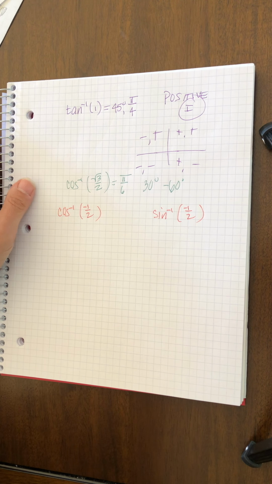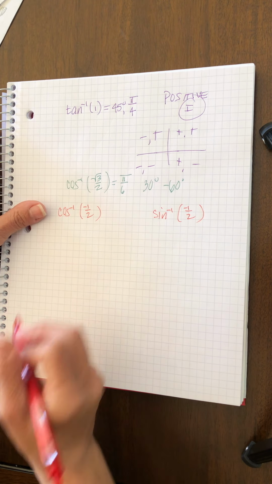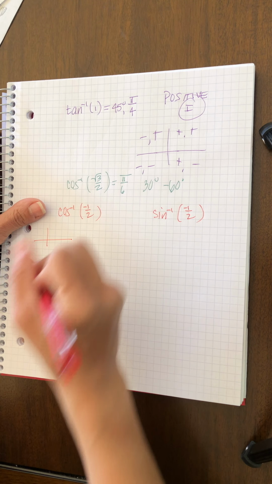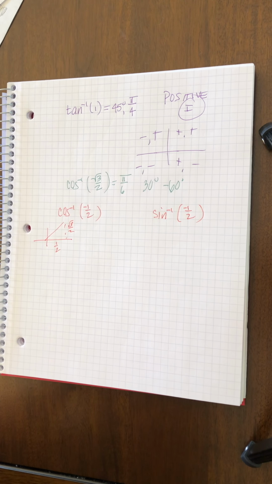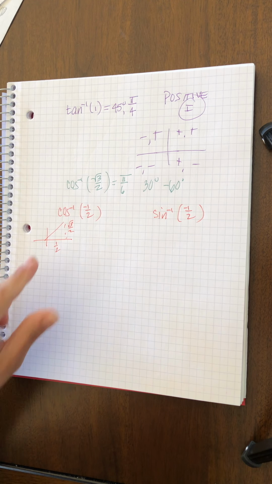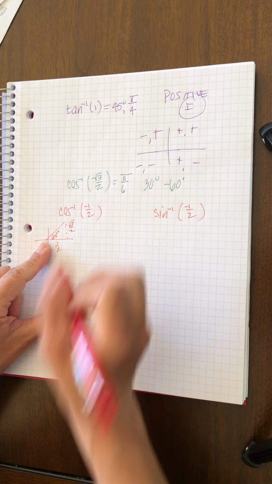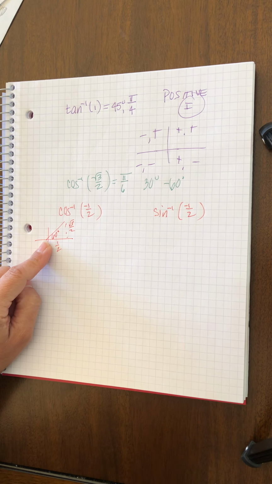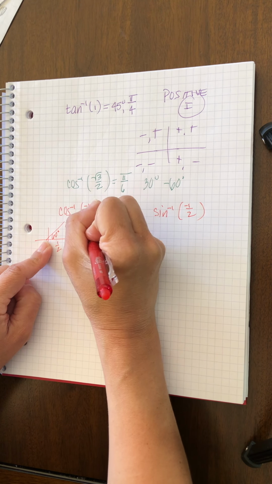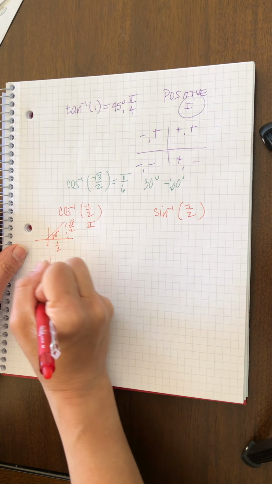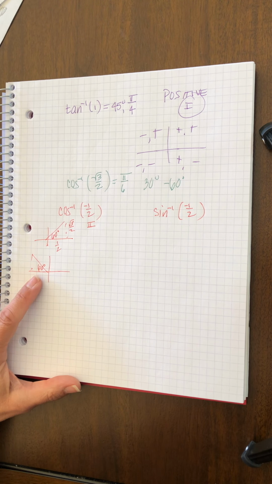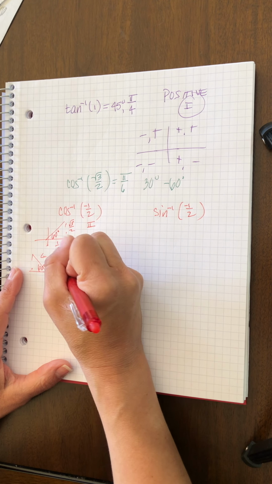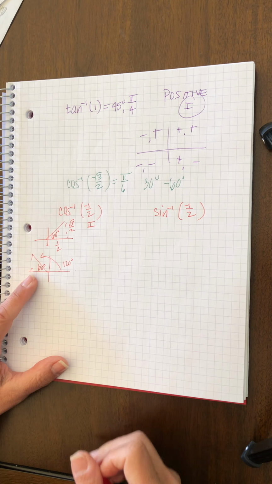The inverse cosine of 1/2 is going to be the reference angle. If it helps you, draw the triangle. So who has a cosine of 1/2? That would be 60 degrees. But I'm asking you for an inverse cosine of negative 1/2. So this is quadrant 2. So a 60 degree reference in quadrant 2 is 120, or 2 pi over 3.